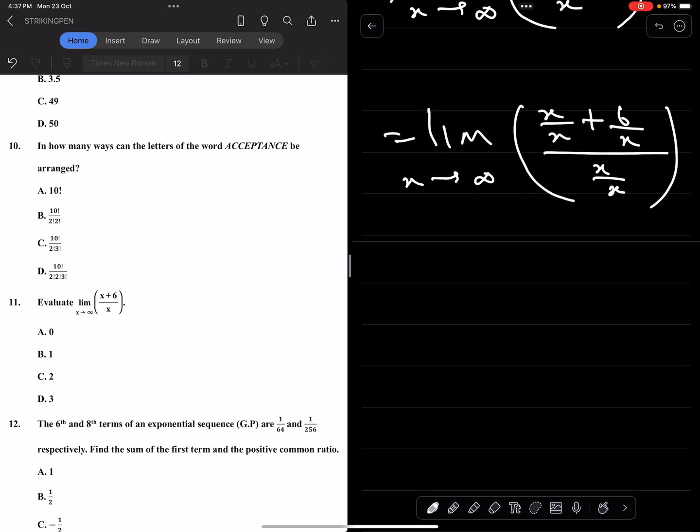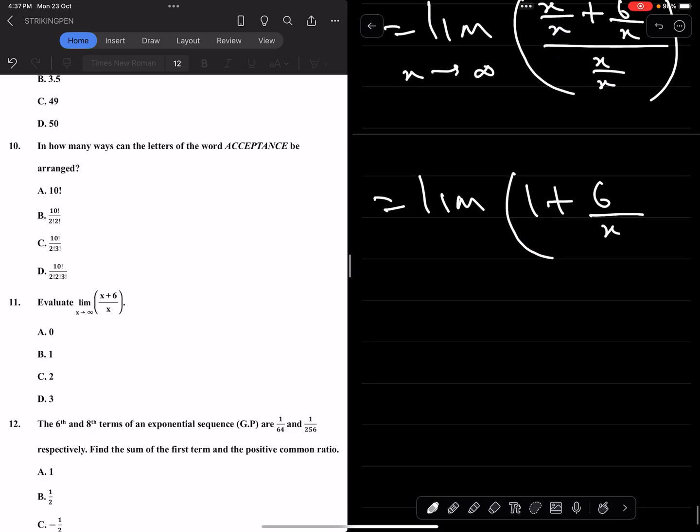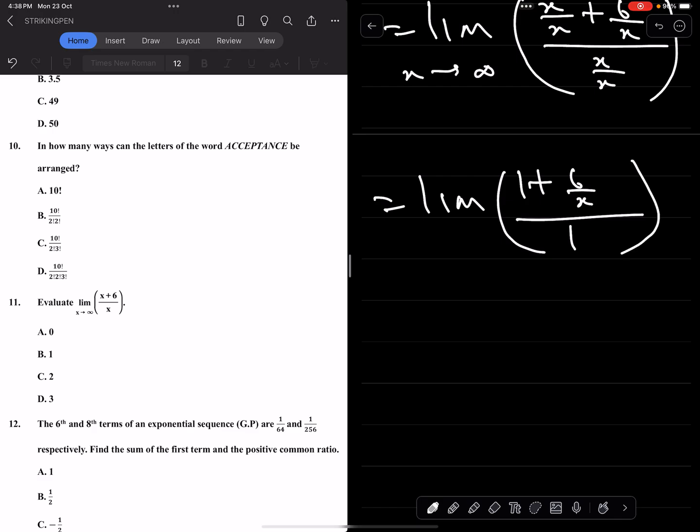And that simply means this is x. Let me write it well. And that's equal to the limit of 1 plus 6 over x all over 1 as x tends to infinity.